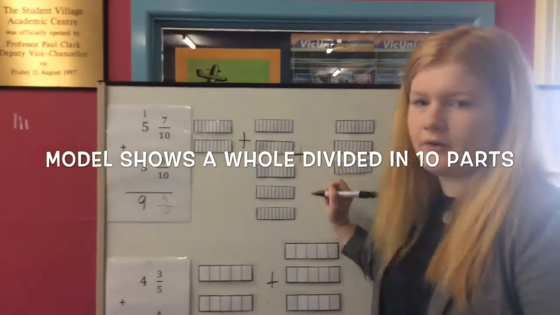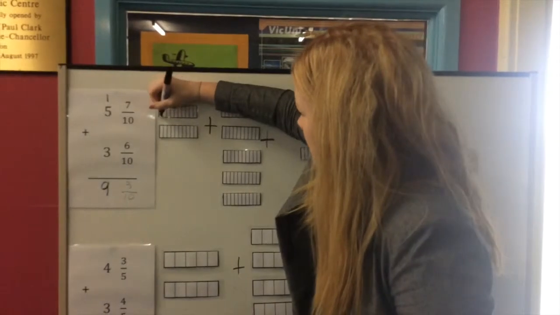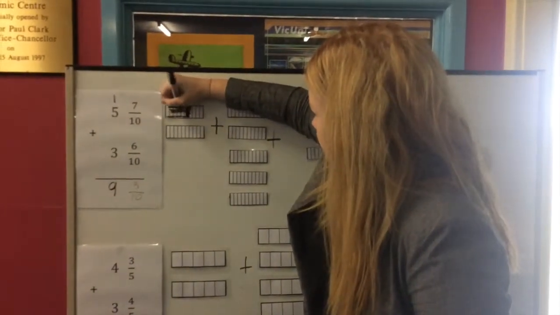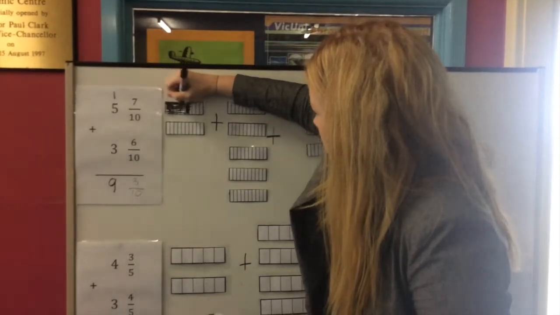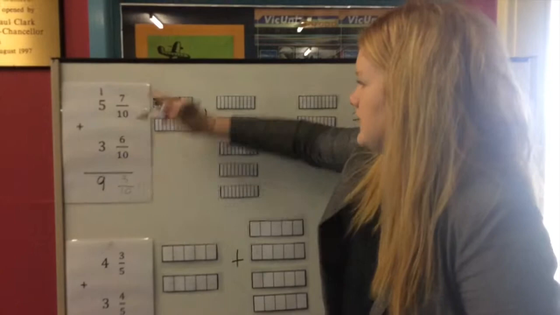With my model, I'm going to colour in what is needed. So here we have 7 tenths, plus another 6.